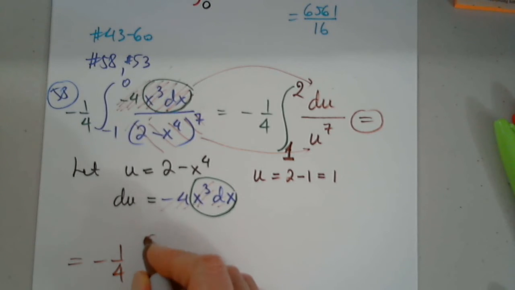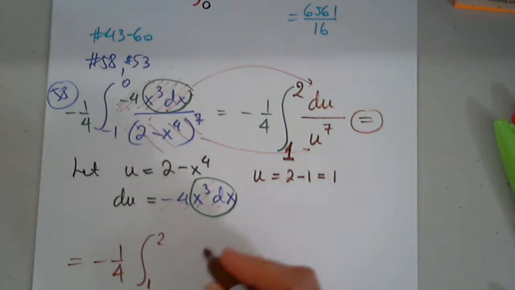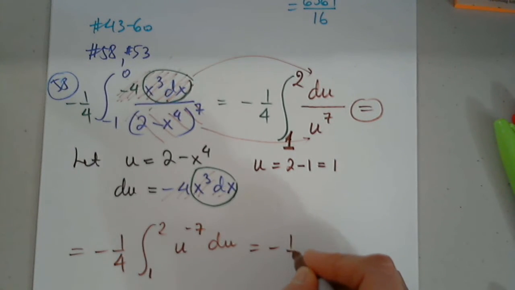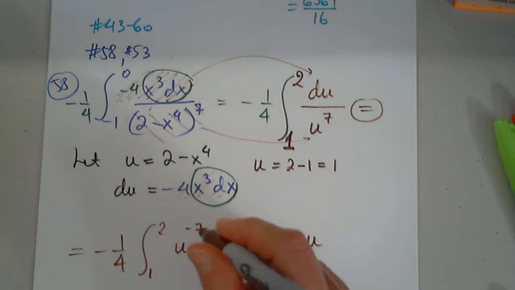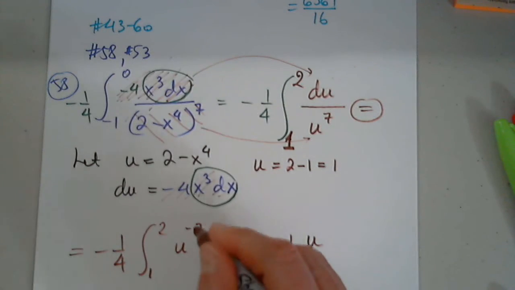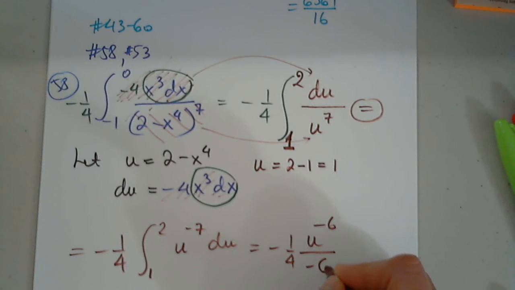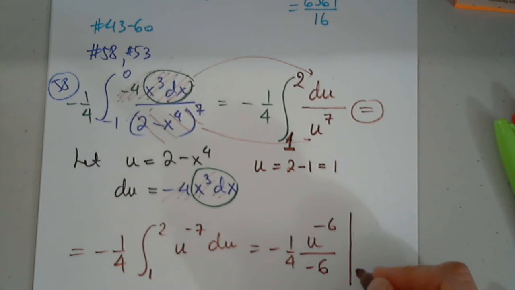Negative 1/4. Yes, I will change this into u to negative 7 du, because that's easier. I will have negative 1/4, as we have done in this entire chapter, u to negative 7 plus 1 over that number, from 1 to 2.